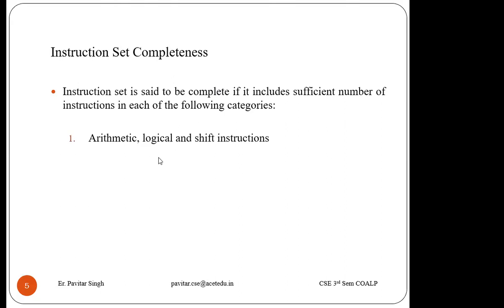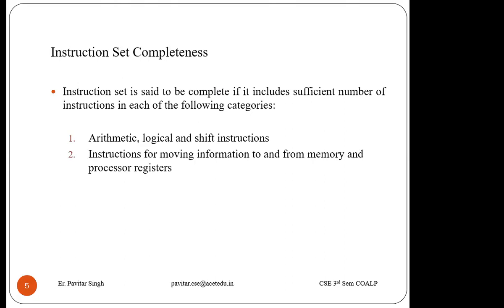Number 1, arithmetic, logical and shift instructions. We have already discussed it in chapter number 4. Next, the instructions for moving information to and from memory and processor registers, for example move A or move B.